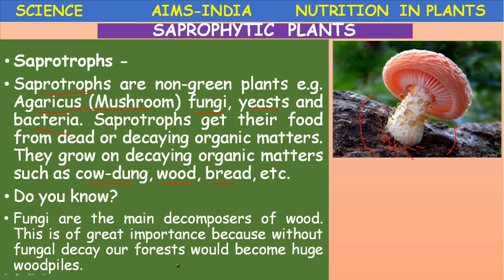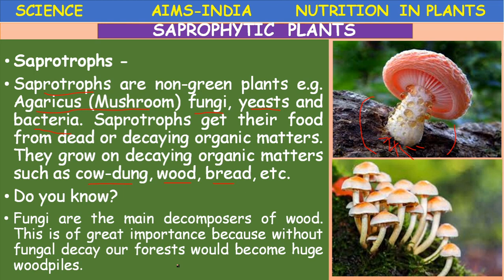If a dead body is there and is not buried, certain bacteria and fungi will decompose the dead bodies of birds and animals which die naturally in the forest. The leaves and parts of plants which fell down are decomposed, and very rich organic matter, called humus, is formed by the action of bacteria and fungi present in the soil.